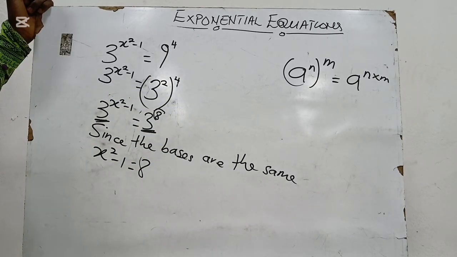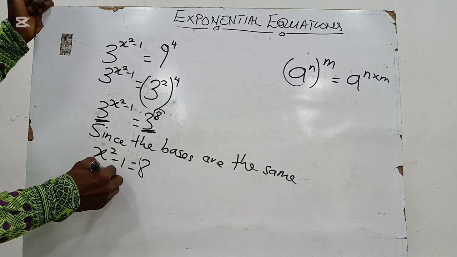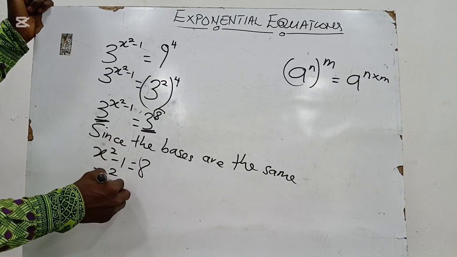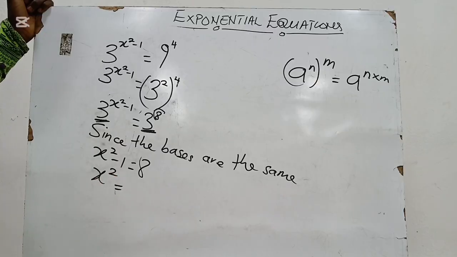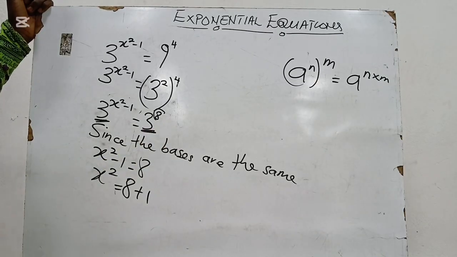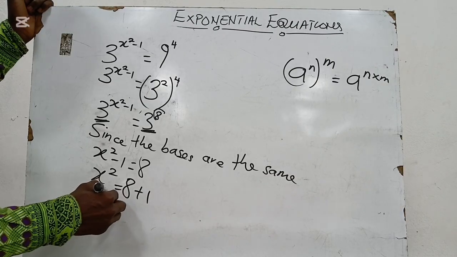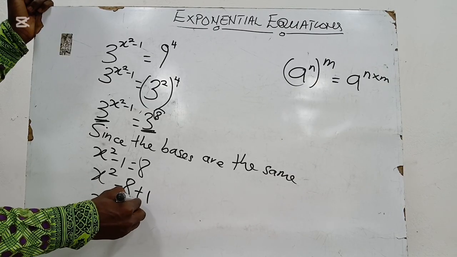Are you okay? So now what can we do? We can group like terms. So let us have x squared is equal to 8 plus 1, right? So what are we going to have? x squared is equal to 9.